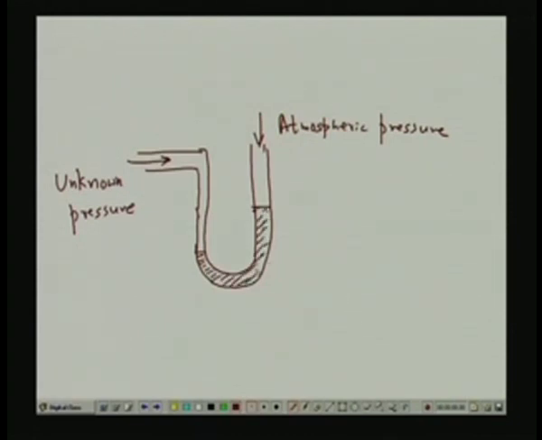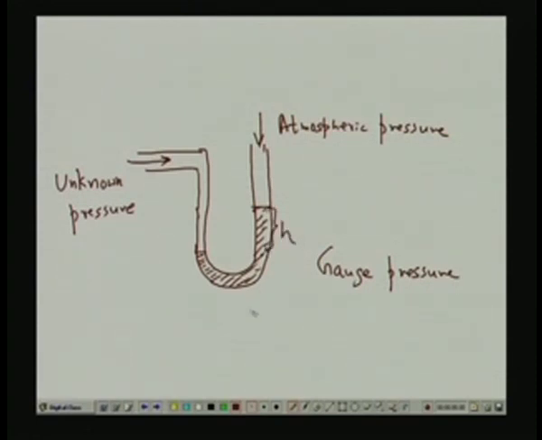These are simple principles, and this particular configuration will measure the gauge pressure. Now, suppose the difference of height in the two arms of the U-tube is h.